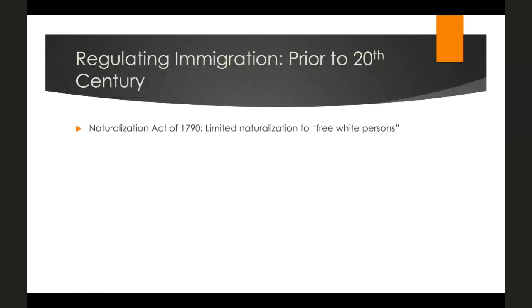As early as 1790, the Naturalization Act of 1790 limited naturalization to free white persons, and this was only expanded to include blacks in the 1860s and Asians in the 1950s. This actually made the United States an outlier, with a race-based distinction of immigration that was unusual for other countries at the time.